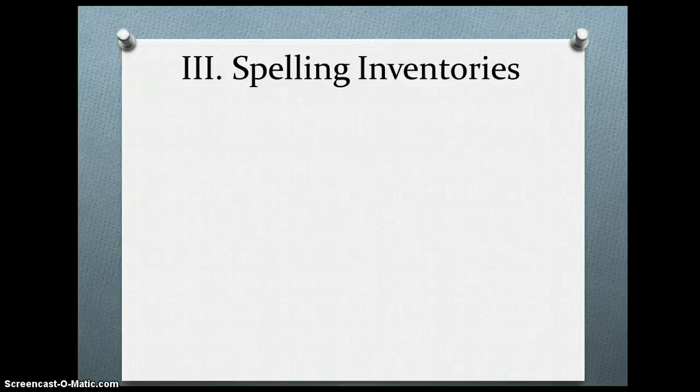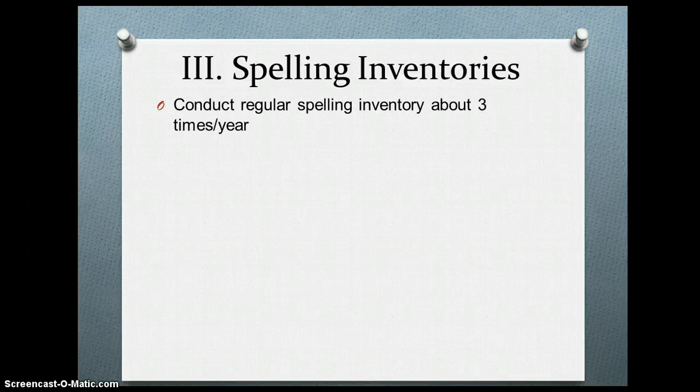So let's talk about spelling inventories, which are typically a structured informal assessment. An informal classroom-based assessment for spelling would just be to look at spelling in classroom work and see how they do.